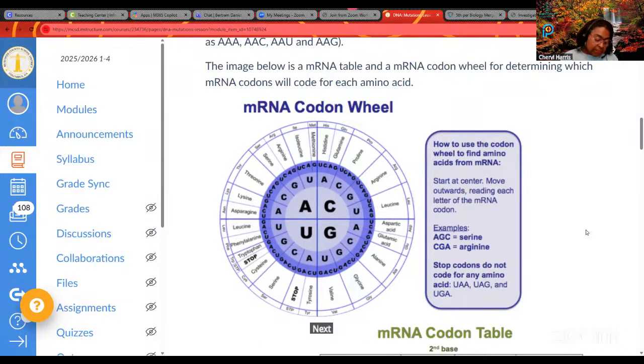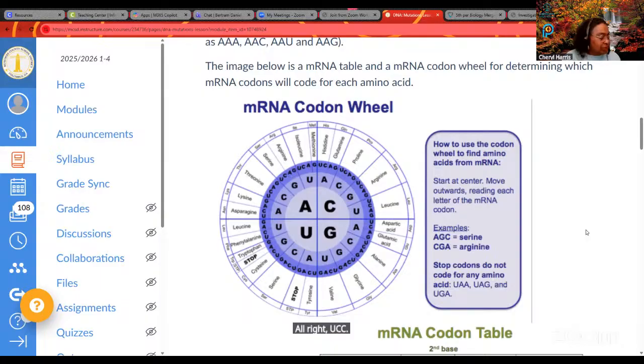Next one, ACU, third row, second column. And again, there's 4 different ways to get THR, which is threonine. Some of these words are so wonderful. THR. All right, UCC.